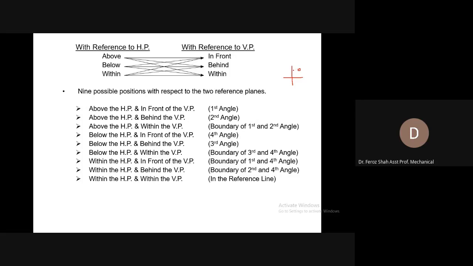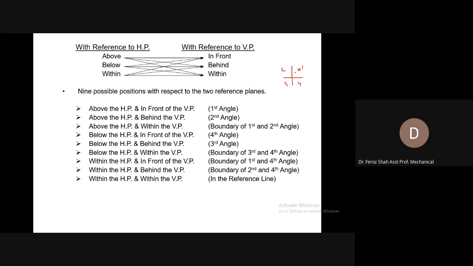You can see that these two planes of projection basically form four quadrants: one, two, three, four. According to the statement, this point is above the horizontal plane and in front of the vertical plane, so it is lying in the first quadrant.